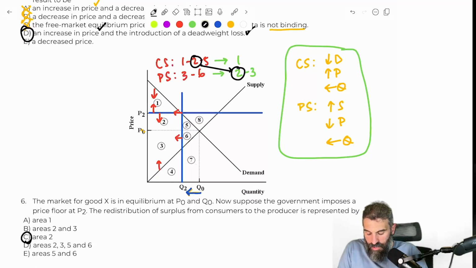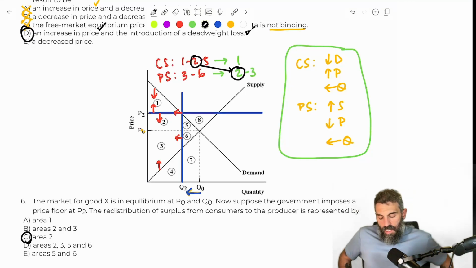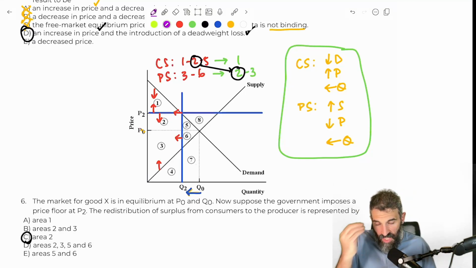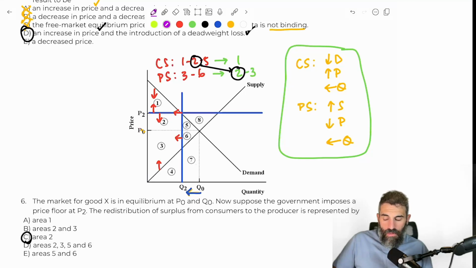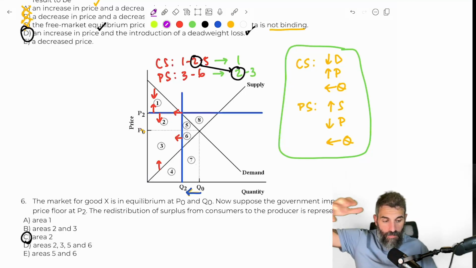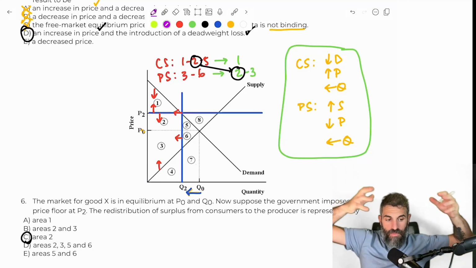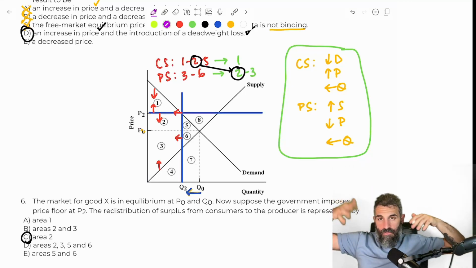So the answer is area 2. Tricky question. But that's how you would think about it. When I say redistribution, I'm just saying, was there any part of the consumer surplus that was moved to the producer surplus as a result of this floor?